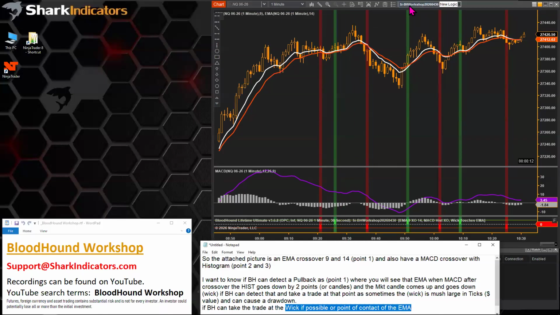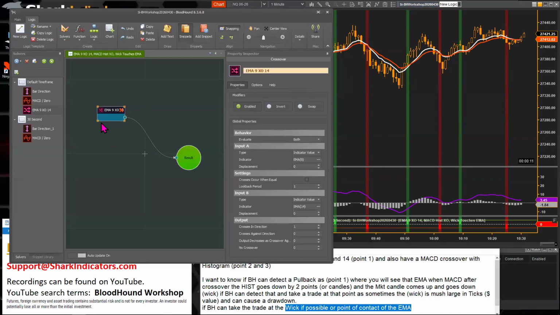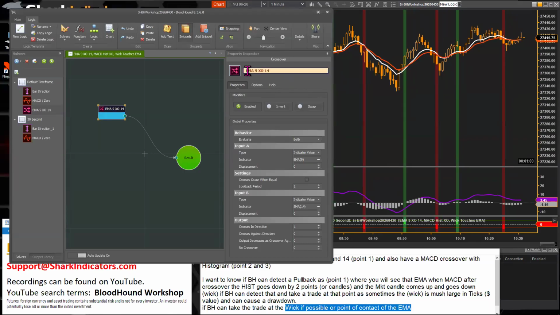All right, so now let's get back to building. We have half of the crossover solver built here, the EMA 9 crossing over the 14.